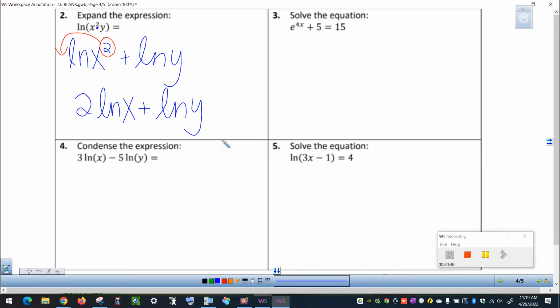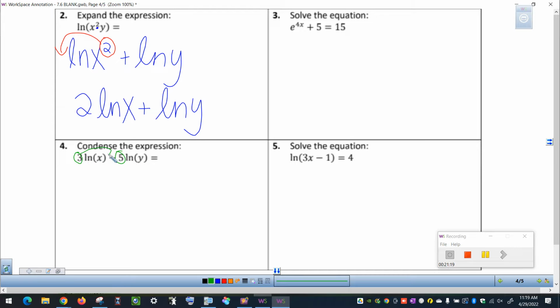All right, we're going to continue down below for the next one, where we are condensing. Notice how this one also involves ln. It's a little bit longer. We're going to condense it, which means we're going to shorten it down. We want to write it as a single ln. We don't want to have ln listed twice. So we're going in the opposite order from what we just did when we were expanding.